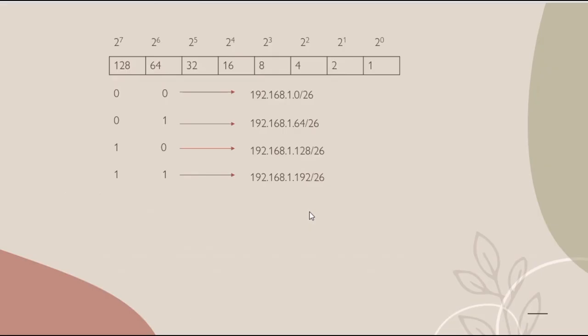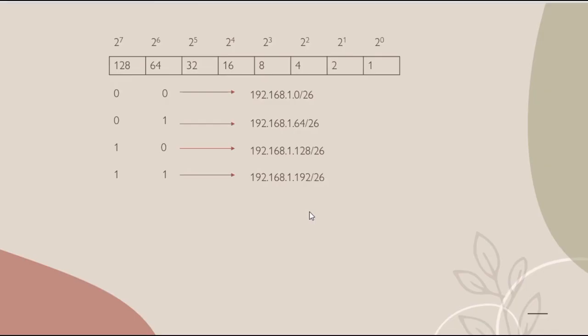I take the last 8 bits and I work out the possibilities for the 2 bits only, because the 2 bits are borrowed for the network portion. So the possibilities are 00, 01, 10, 11.